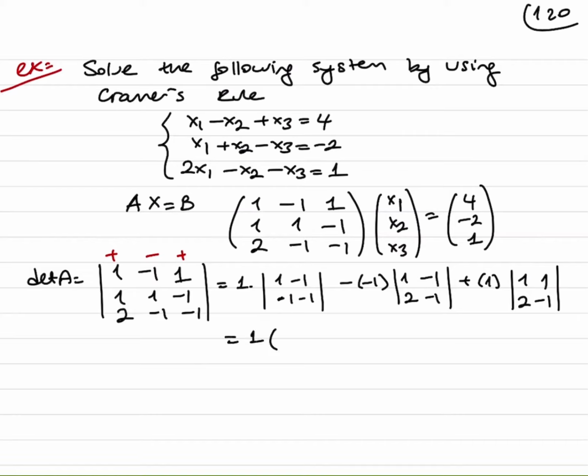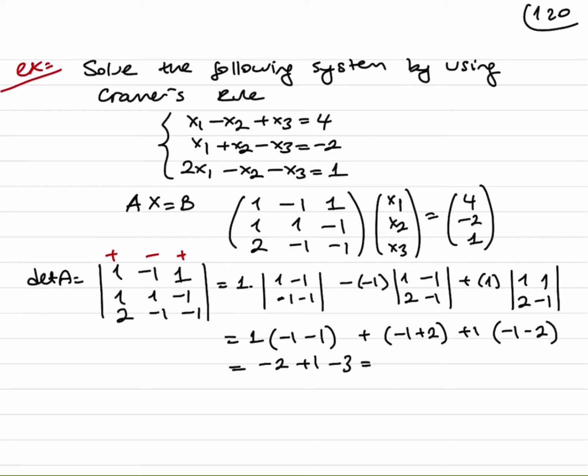So it is 1 times (-1 - 1), minus -1 is plus, (-1 + 1), (-1 + 2), minus 2. Okay, what is this? It is minus 2. Plus 1, minus 3.